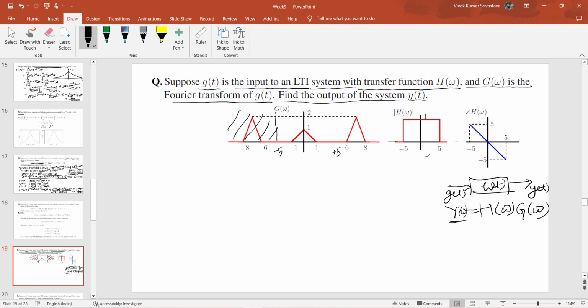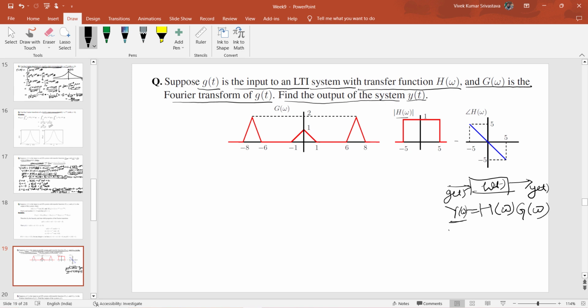So let us now check the response that we will get at the output. Before that, let us first define this h of omega. The magnitude of h of omega is defined here.